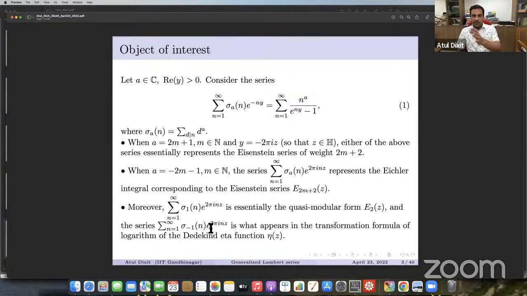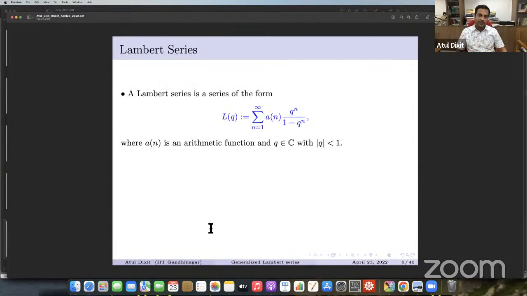Now let me look at the general definition of a Lambert series. A Lambert series is a series of this form, summation a of n q raised to n over 1 minus q raised to n, where a of n is an arithmetic function and q is a complex number lying inside the unit disk.